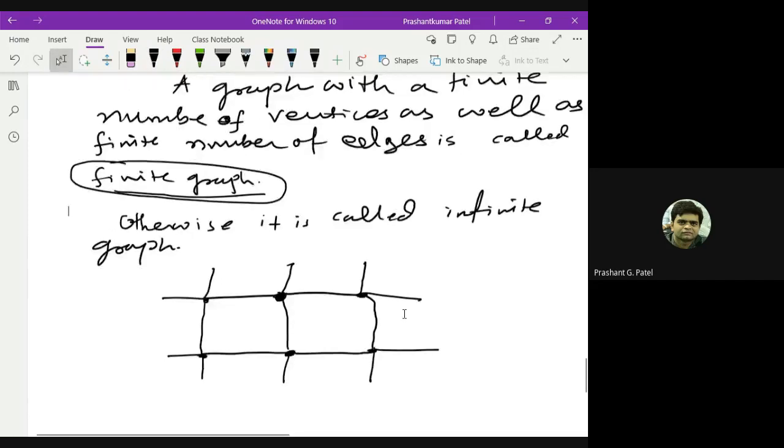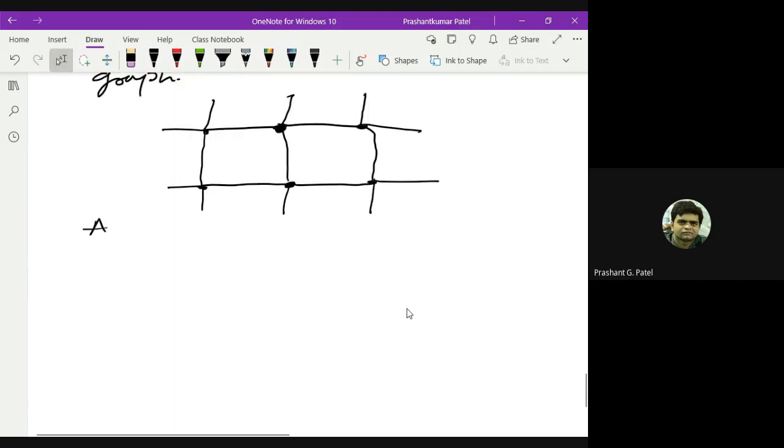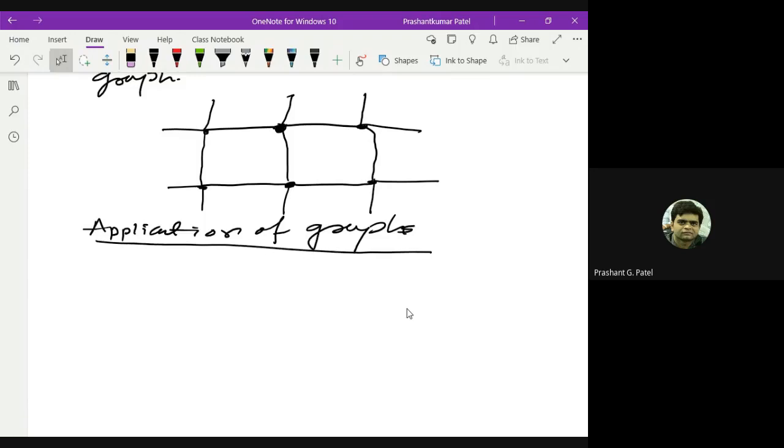For that, I need to talk about some applications of graphs that we should learn. One of the applications we discussed in my previous lecture is the Konigsberg bridge problem, also well known as the 7 bridge problem.